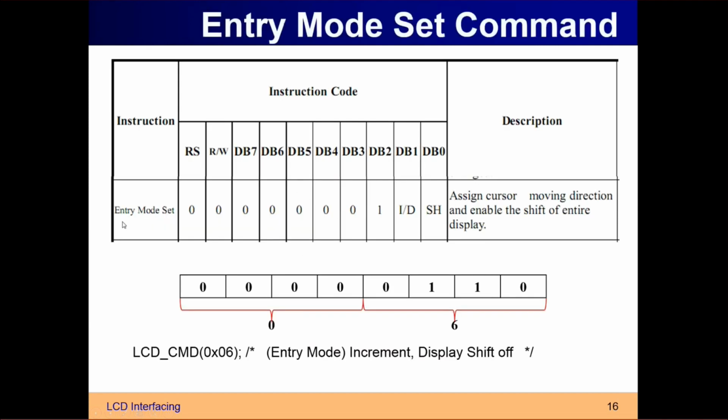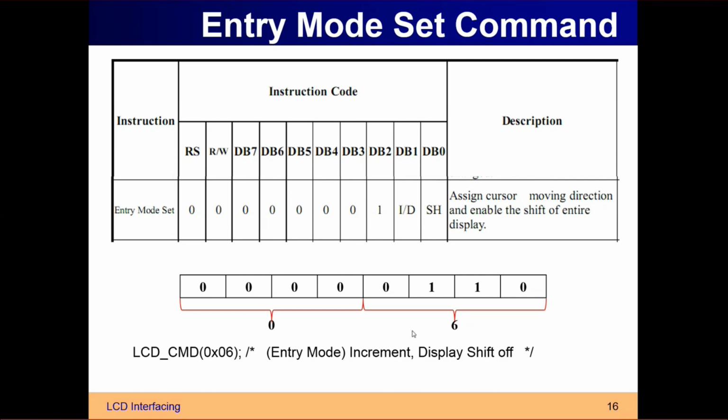So how will you do that? This is the command for entry mode. 0, 0, 0, 0, 0, 1 is fixed. Then the last 2 bits, D1 and D0, you need to configure. D1 is used for configuring cursor increment or decrement. D0 is used for configuring display shift or not.